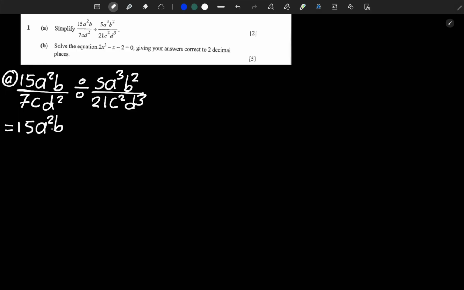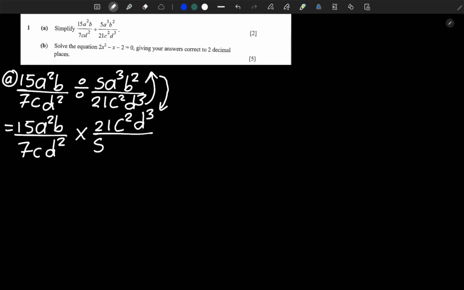Then you also need to remember that the second fraction must be flipped. So what we mean by this is that the denominator becomes the numerator and the numerator becomes the denominator. So 21 c squared d cubed will become our numerator, so 21 c squared d cubed over 5a cubed b squared.